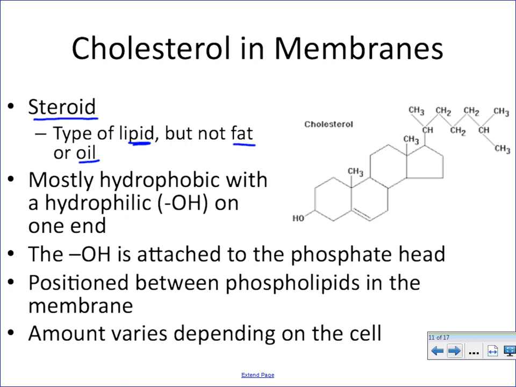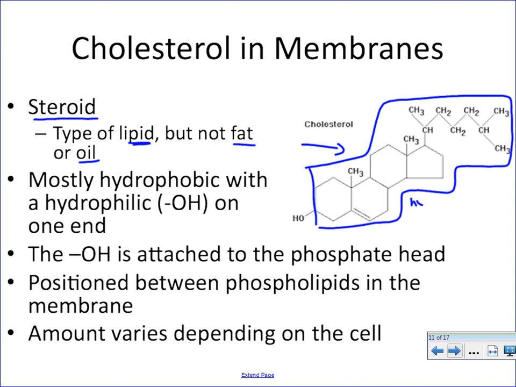The structure off to the right shows the molecular structure of cholesterol. Cholesterol is mostly hydrophobic, and when we say mostly, the vast majority is hydrophobic. So pretty much the whole molecule is hydrophobic.